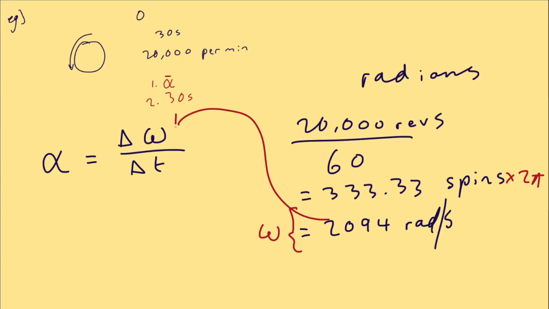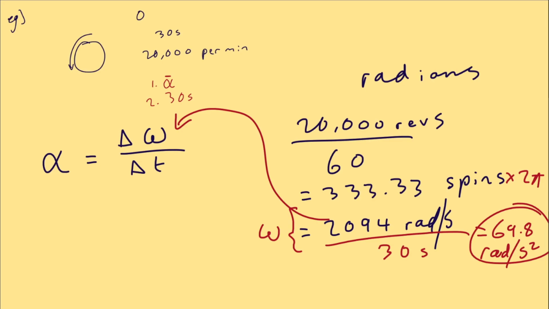If we plug this in here, and for time, it takes 30 seconds to reach this velocity. So that would be 2000 radians per second divided by 30 seconds. You get angular acceleration as 69.8 radians per second squared. That's how we find problem one.